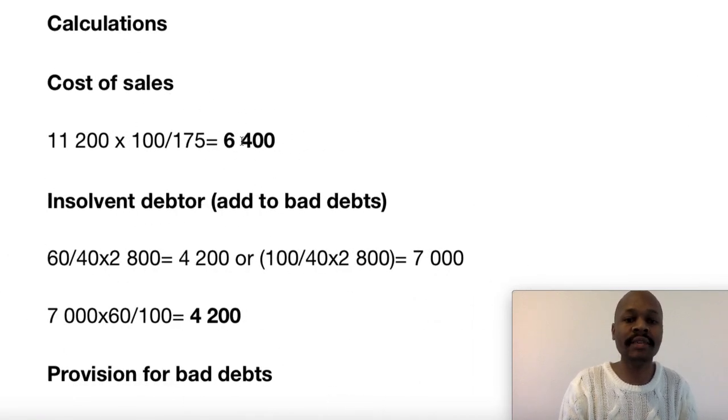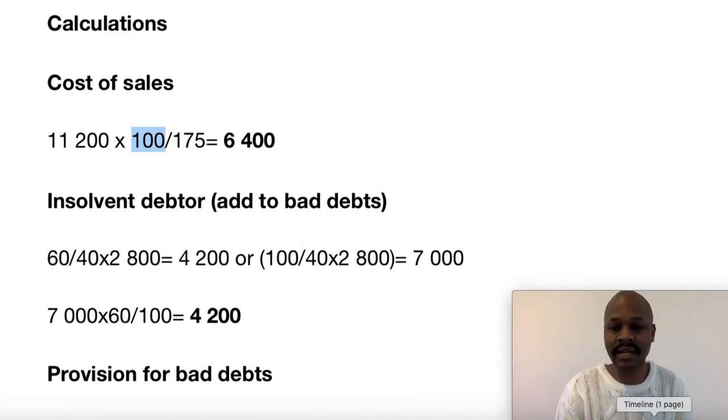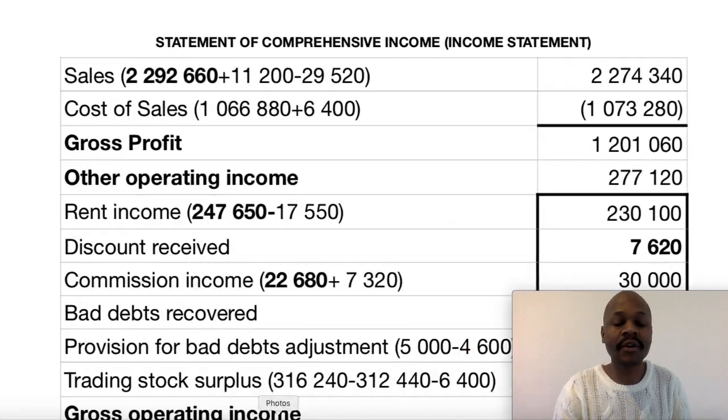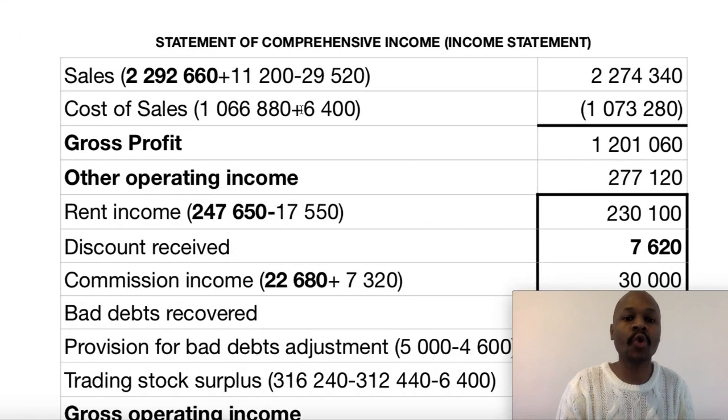Let's go to our workings to check our cost price. Our cost price will be 11,200 multiplied by 100, 100 being the cost price which we are looking for, and then divided by 175. Then it gives us 6,400. That 6,400 you add to the cost of sales amount because it was not recorded when we worked out our cost of sales.